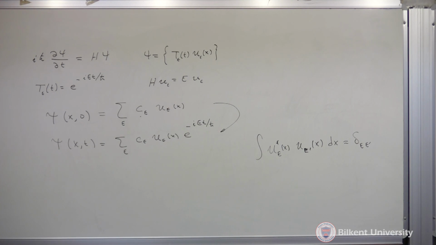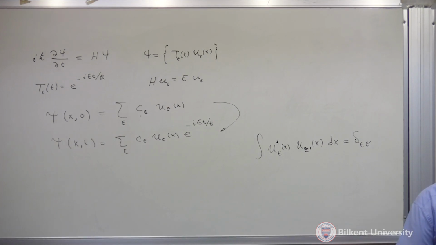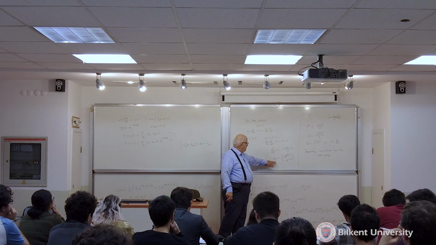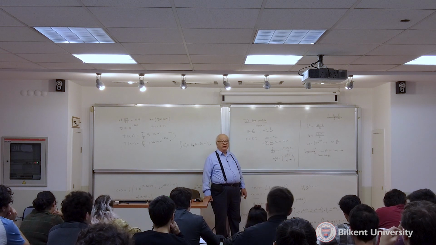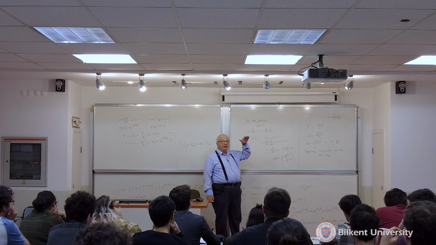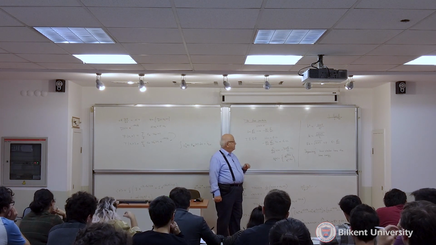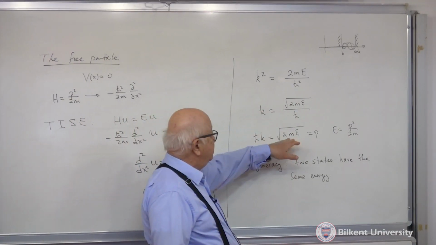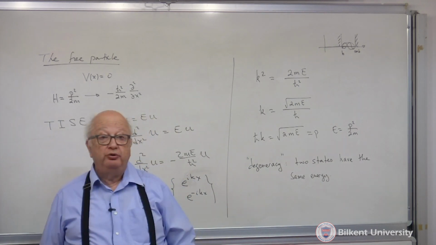Now we have here something which is not discrete. It forms a continuum. You have a value k which can be anything you like, because energy has to be positive, otherwise you can't even evaluate the square root.